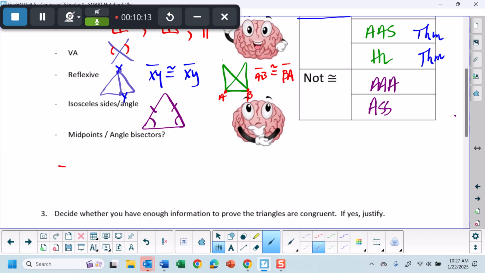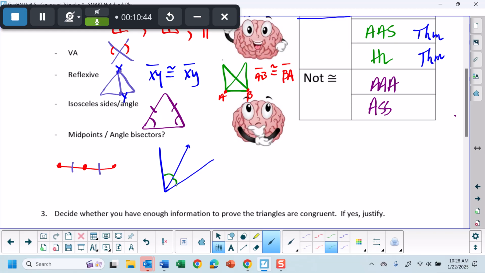If you're told that something is the midpoint, by definition, that means that that point divides a segment into two congruent pieces. They might be the ones that you need for your triangles. If you're told that something is an angle bisector, then it's going to divide that angle into congruent measures, and that might be what you need.